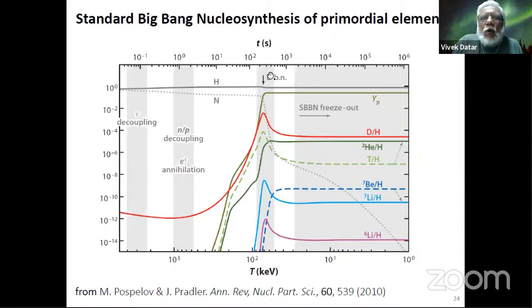You can see that at about 100 to 300 seconds onwards, there is a kind of freeze out, and then the number densities of all these nuclei formed during this initial part remain the same. That's the so-called freeze out. This happens at roughly 3 minutes. Some of you might have read the popular book by Steven Weinberg, The First Three Minutes, which explains some of these aspects very nicely.